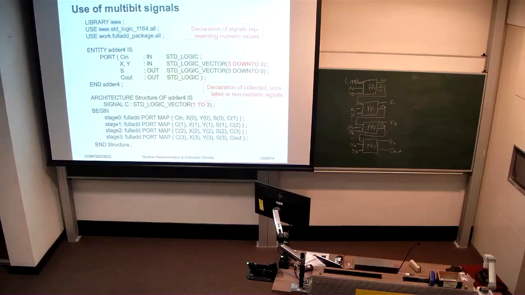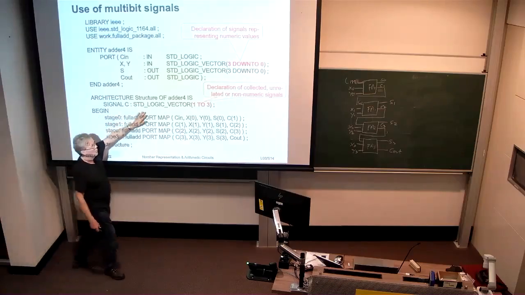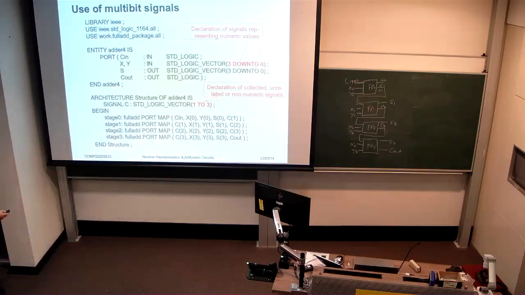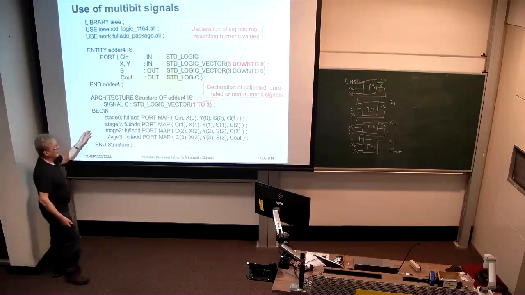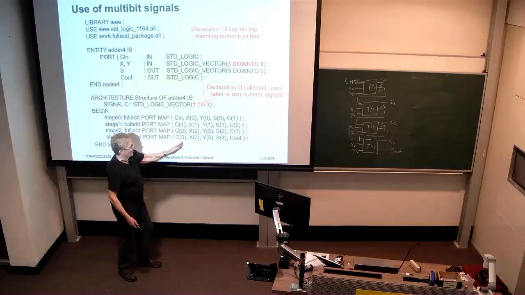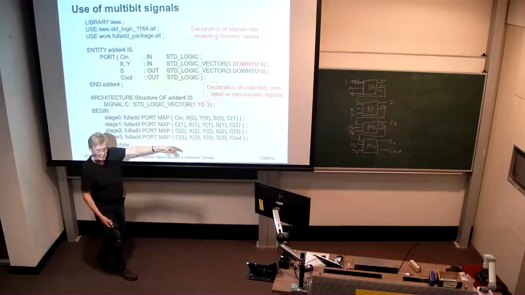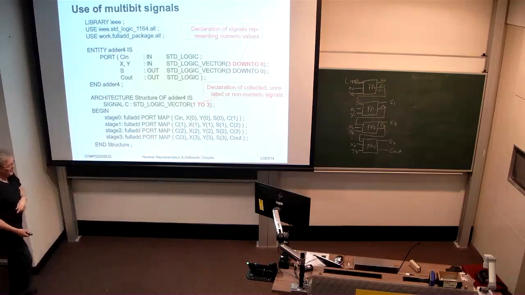It's simply a collection of signals, potentially unrelated. This is used to create buses, for example, as well. That then makes the entity a lot neater, a lot easier to understand, and of course then we simply have to be careful about how we nominate the individual bits of those vectors to be the inputs and outputs from our full adder components.